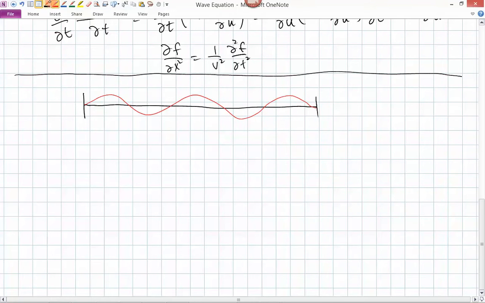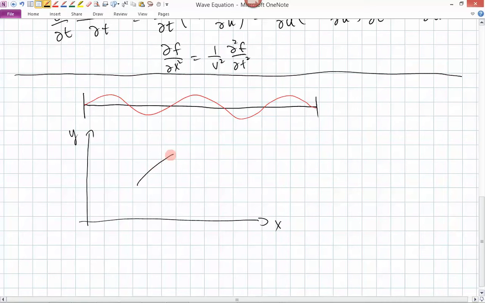We want to write an equation and see what kind of equation of motion is good for this string. So for that, let's look at a little segment of the string, and this is my y, and this is my x.